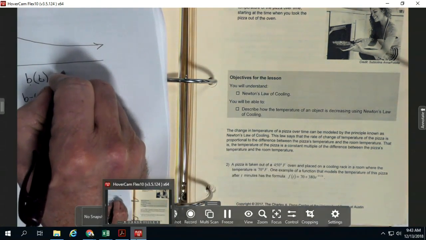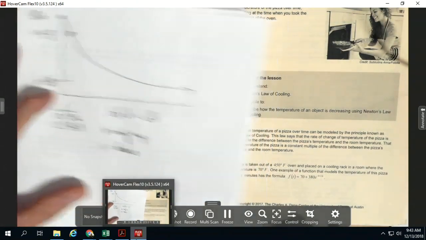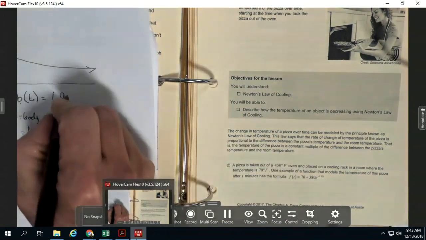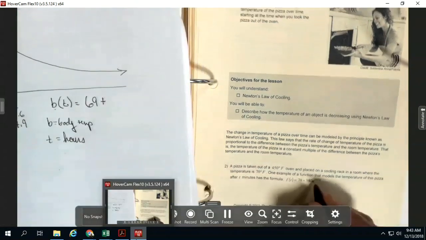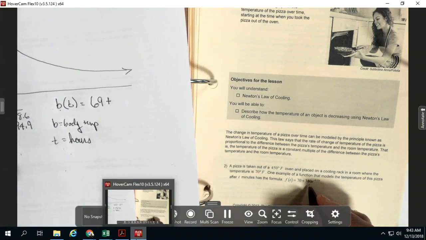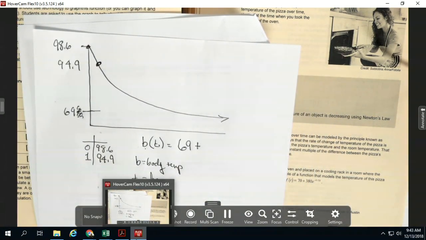Room temperature. Okay, so in this case it'll be 69, correct? Because that's what temperature we're going to. Plus, what is the difference between these two? Because if you remember, the 380 was the difference between 450 and 70. So how many degrees does the body have to cool?